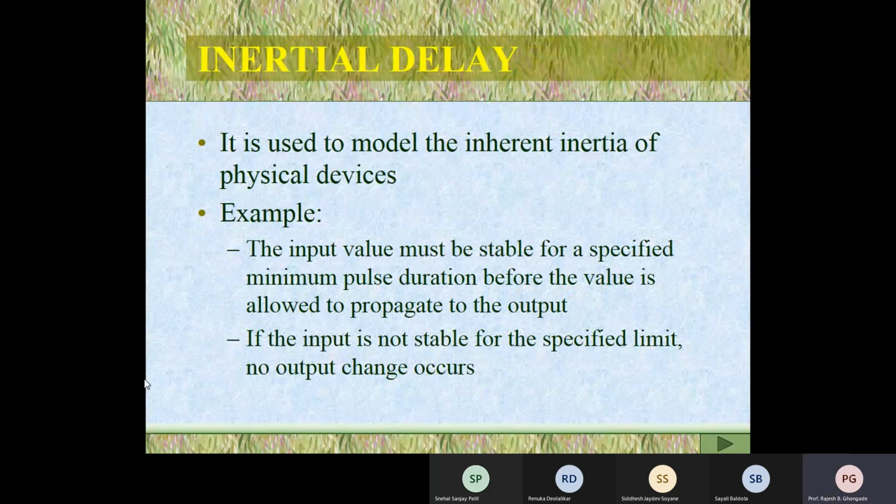Example: the input value must be stable for a specified minimum pulse duration before the value is allowed to propagate to the output. If the input is not stable for the specified limit, no output change will occur. So we need a mechanism to model this kind of behavior, and that is the inertial delay.